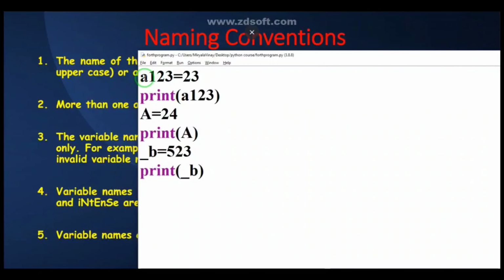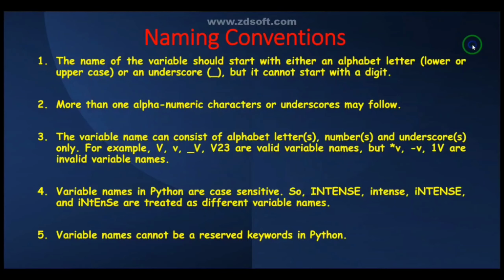So the second point is saying that it can start with an uppercase, lowercase or underscore letter, but it may include alphanumeric characters. It can contain alphabets and numbers, but not start with any digit. It may contain digits after the letter. That is the second point.